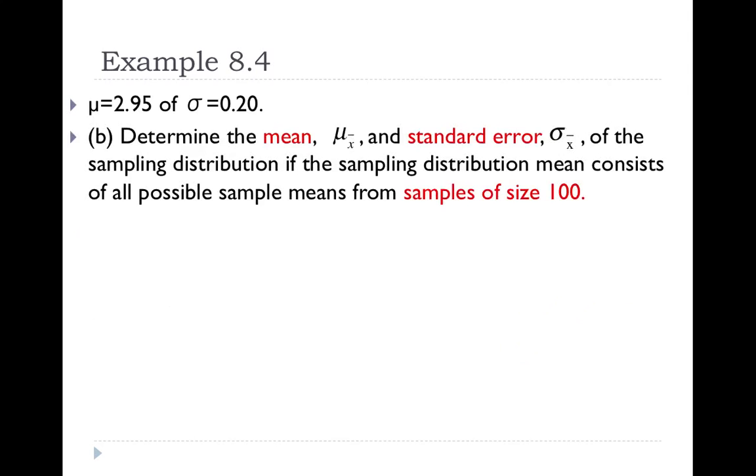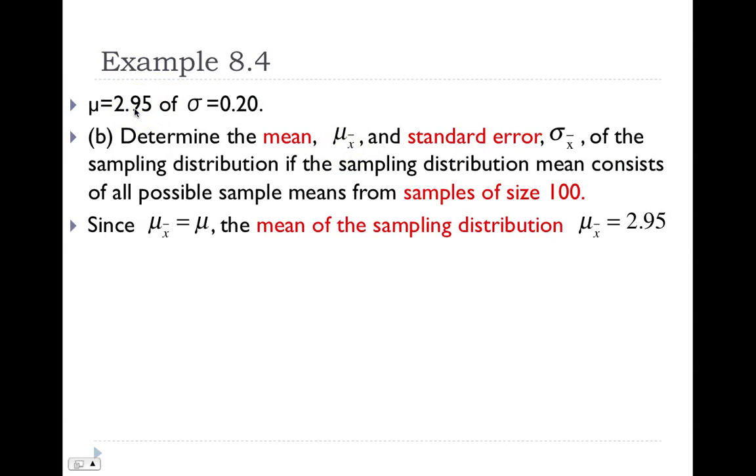Okay, we're going to change our sample size from 25 to 100. The mean of the sampling distribution, mu sub x bar, is the same as the mean of the population. That does not change when you increase the sample size, because by definition, the mean of the sampling distribution is always the same as the mean of the population.